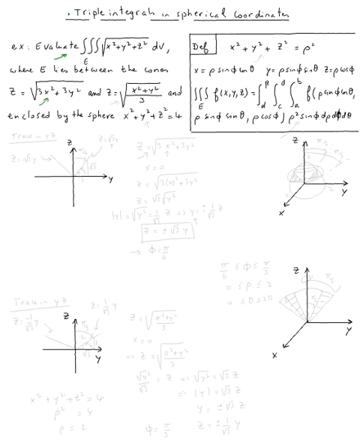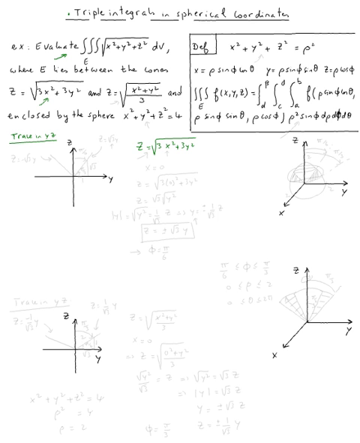So geometrically, let me start with z equal square root of 3x squared plus 3y squared. Alright, so I need to look at the trace of the cone in the zy plane, or yz plane.